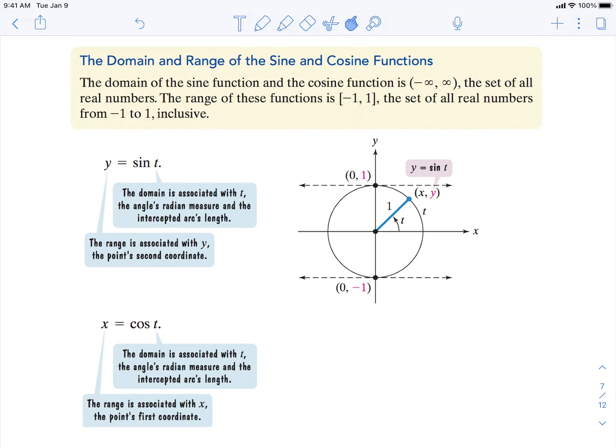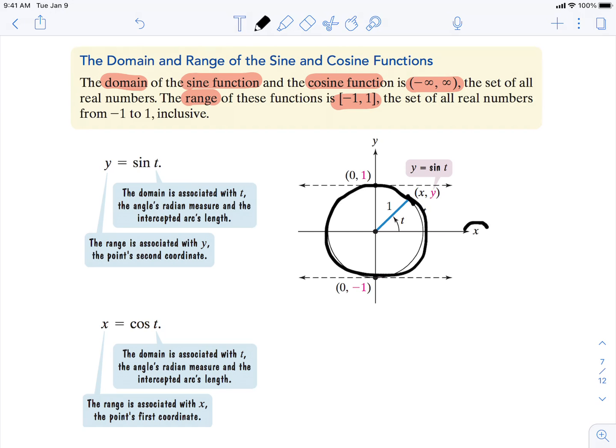The domain and range of a sine and cosine function. So the sine and cosine function's domain is all real numbers. The range of values, the y values, are -1 to 1. So you can see this image of your unit circle.